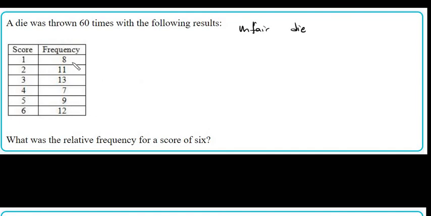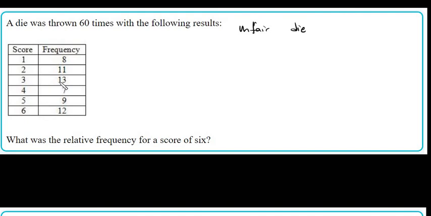So as you see, the results are different. It's 8, 11, 13, 7, 9, 12. A die was thrown 60 times with the following results. So what is the frequency for 1? 8. So we got 8 times 1 on our die. We got 11 times 2 on our die.